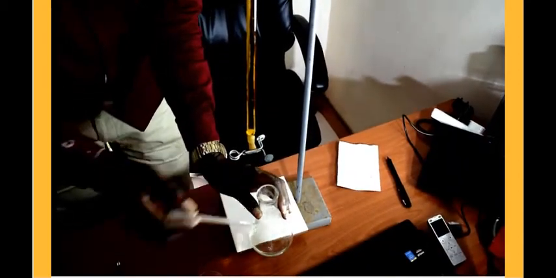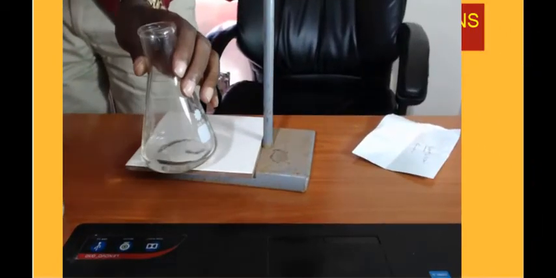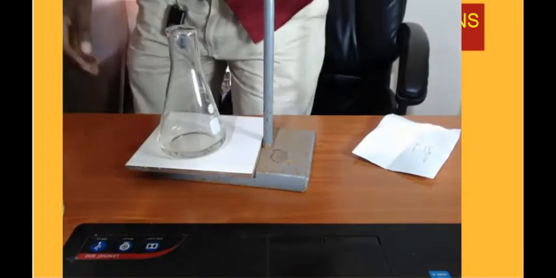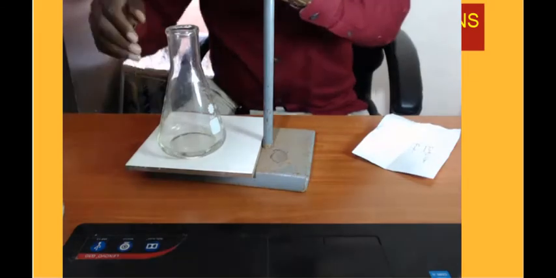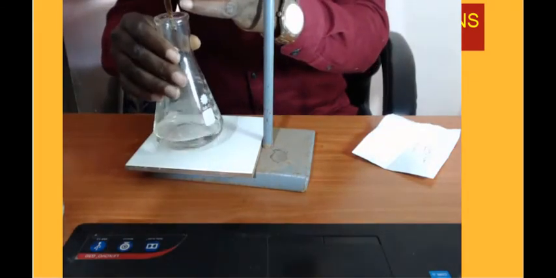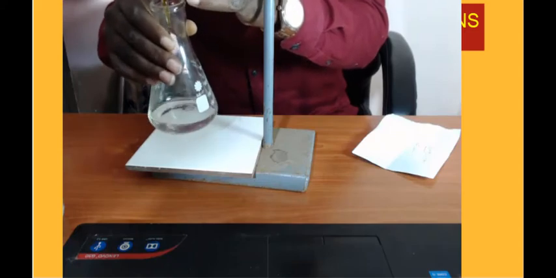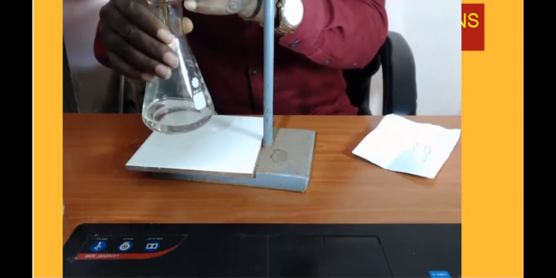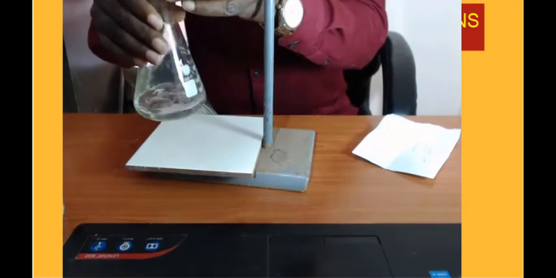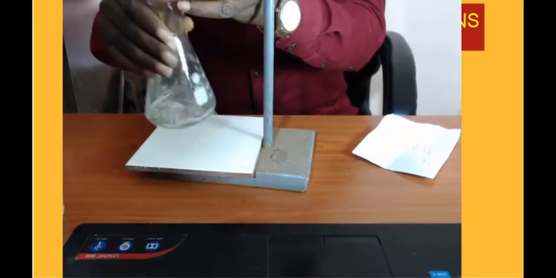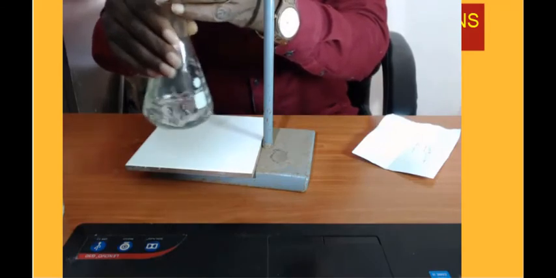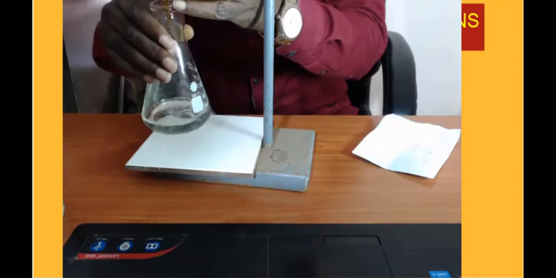Let us titrate slowly. We move slowly. When you are titrating, open the tap with your left hand, and you shake the reacting substance in the conical flask with your right hand.